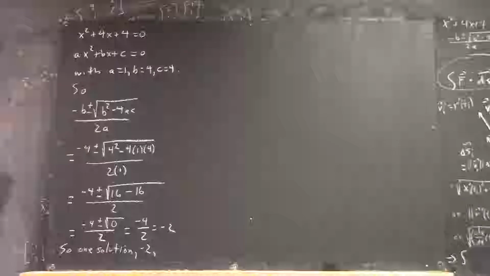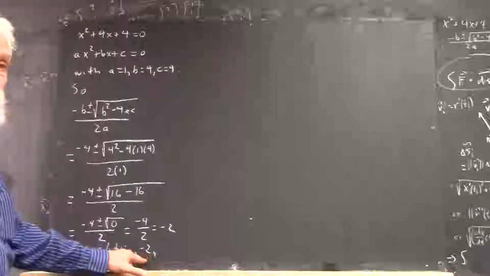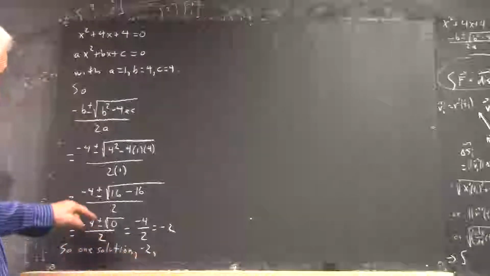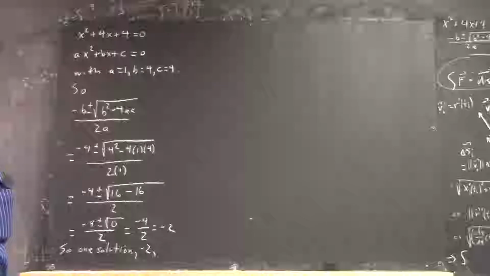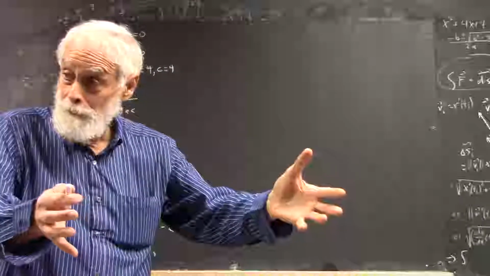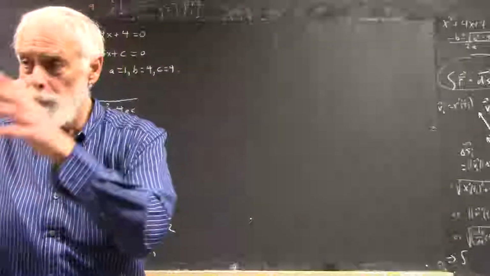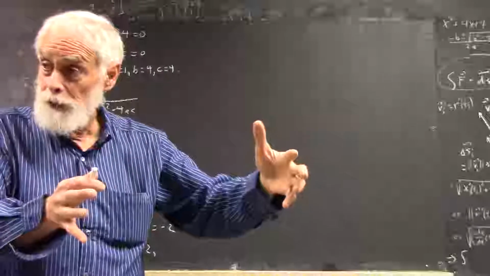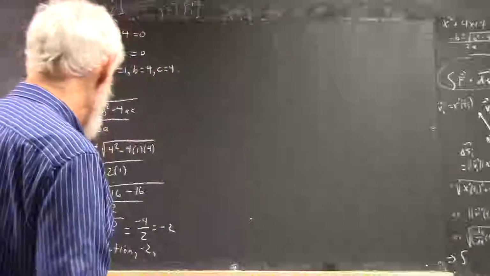Now I'm going to say this for future reference. We get that solution twice. One for the plus 0 and one for the minus 0, right? And when we factored this thing, we got x plus 2 times x plus 2. So we got x equals negative 2 from this one, and x equals negative 2 from this one, right? So negative 2 appeared twice.